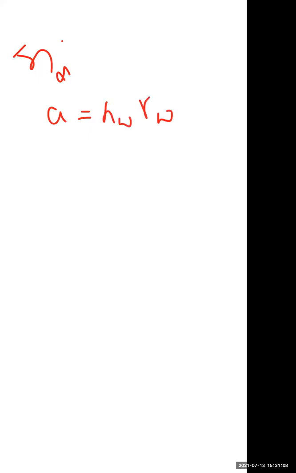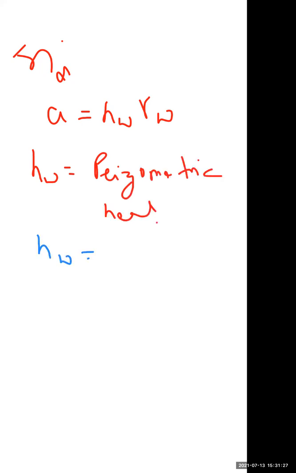This piezometric head HW we can write as H plus or minus head, or also H minus ND DH plus or minus Z.